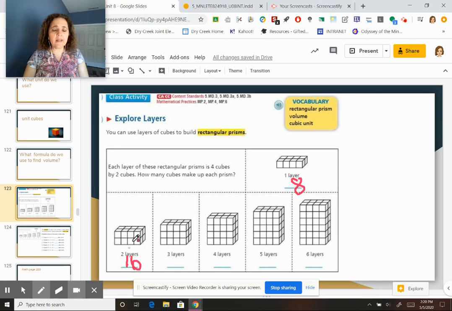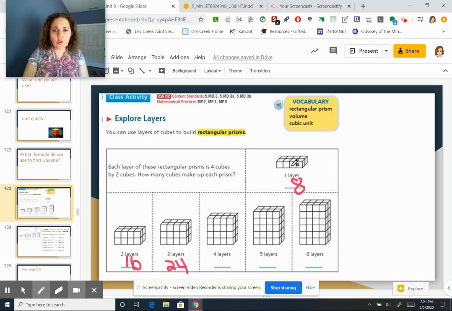So this one has 16 cubes all together. Now this one has 8 and 8 and 8, so it has 24 because 8 times 3 is 24. Okay, so notice what we're doing here.